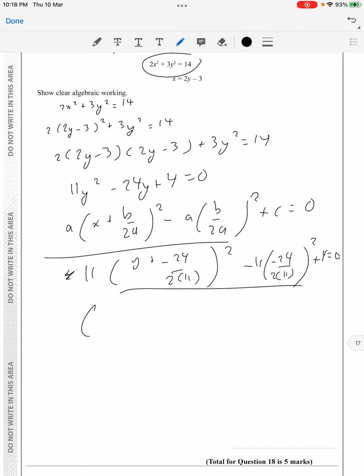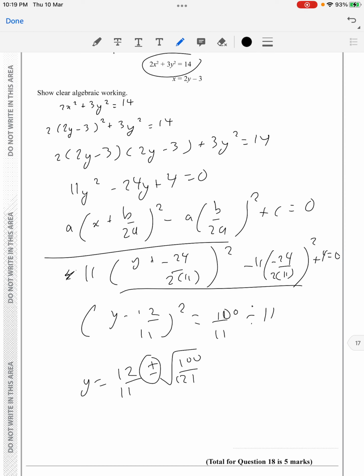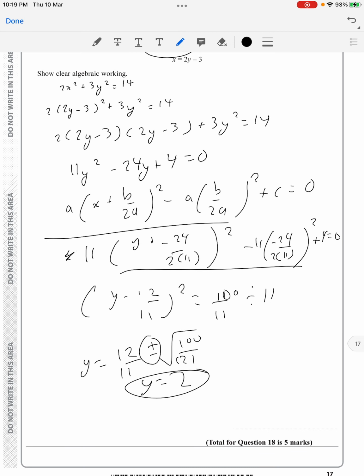That should be giving you your y value is 12 by 11 plus or minus 10 divided by 11. And you should be either adding or subtracting to be getting the y value. You add them up to get your correct value y.